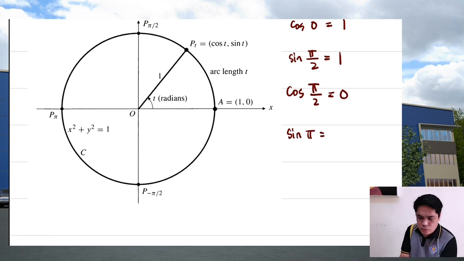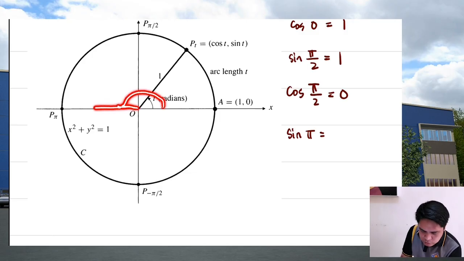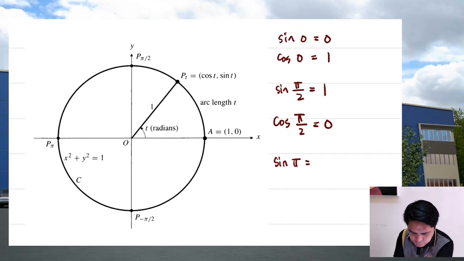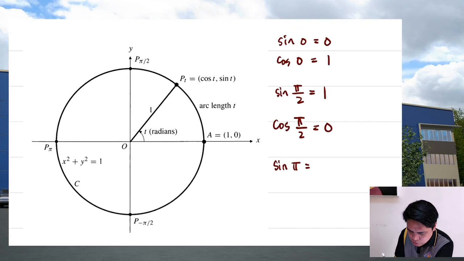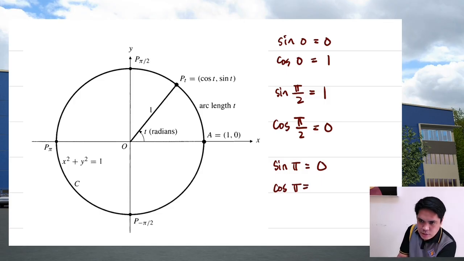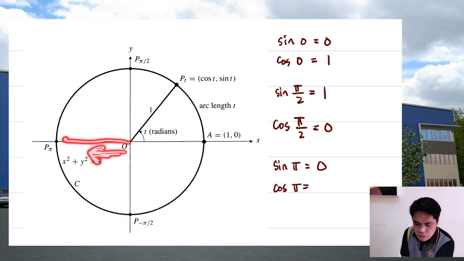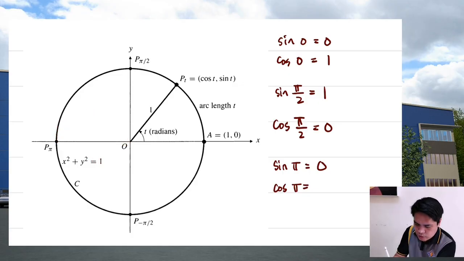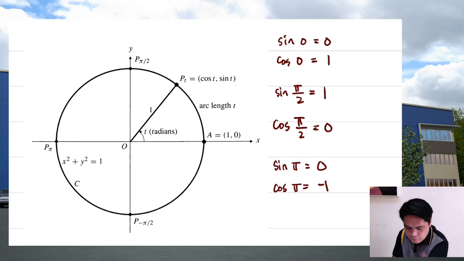So, that would be opposite over hypotenuse, the same pa rin. Ang opposite dyan is almost close to 0, so sine pi is 0. And cosine pi, ito pa rin yung adjacent niya, pero our direction is now at the negative side of the Cartesian plane. So that would be negative 1 over hypotenuse 1, so negative 1 over 1, that would be negative 1. So cosine pi is negative 1.